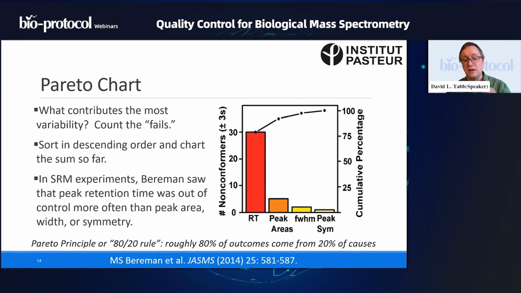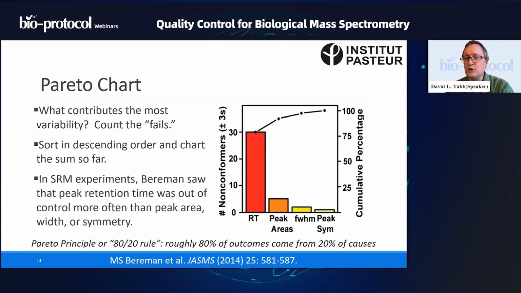Sometimes they rejected peaks on the basis of symmetry, to say that they didn't have a shape that corresponded with what they should. So the Pareto chart is always going to sort in such a way that the most common reason for failure is at the start and the least common reason for failure is at the end. We also have this little line that's rising from the top of that first bar.